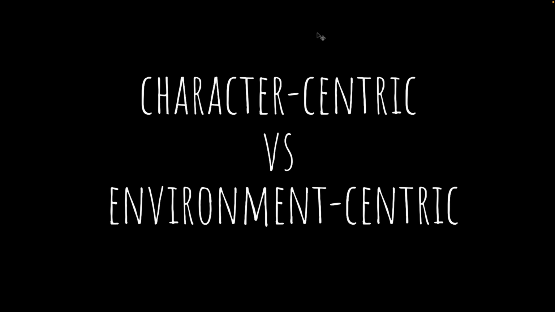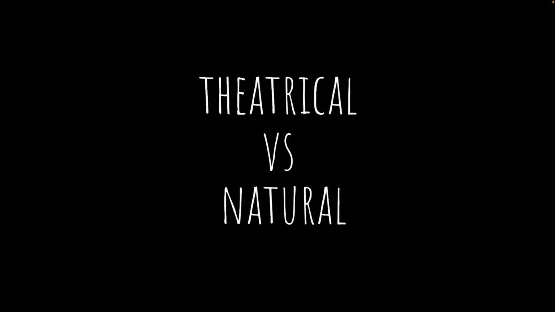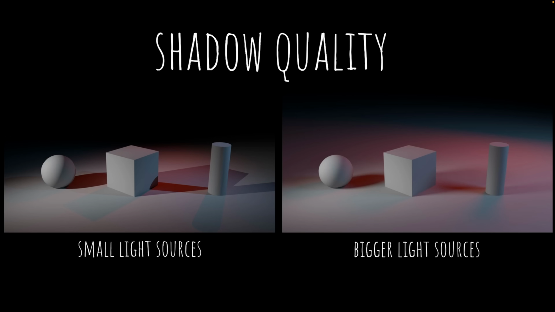I think sometime in the 1990s, early 2000s, cinematographers changed from character-centric lighting to environment-centric lighting. Another way to put this would be theatrical to natural lighting. Part of this comes down to the technology itself.